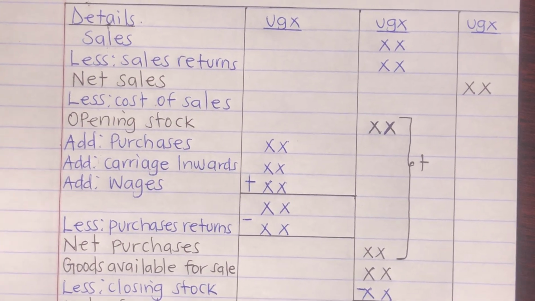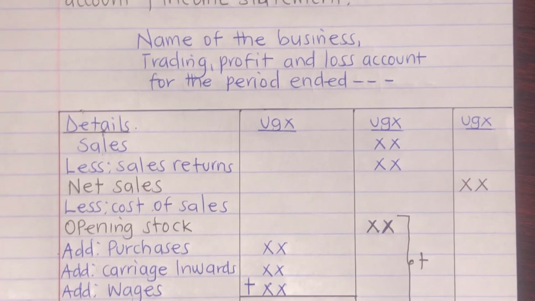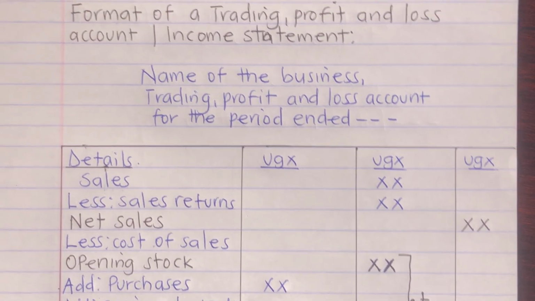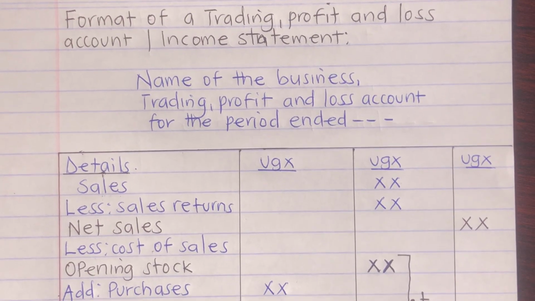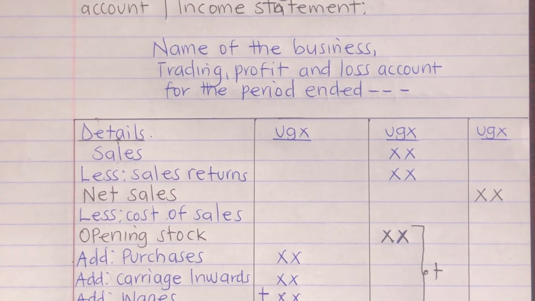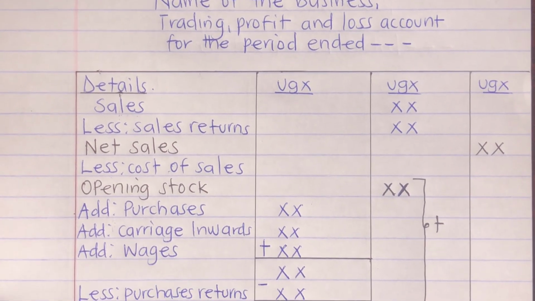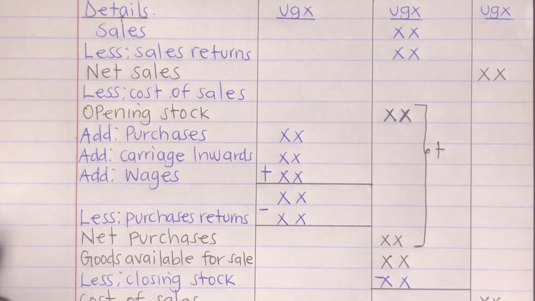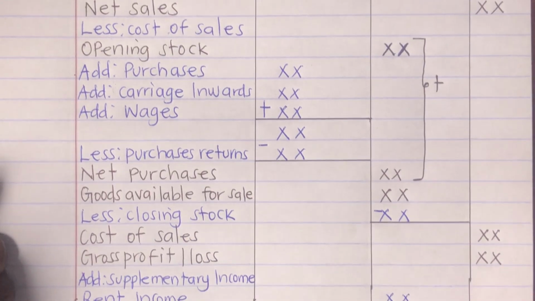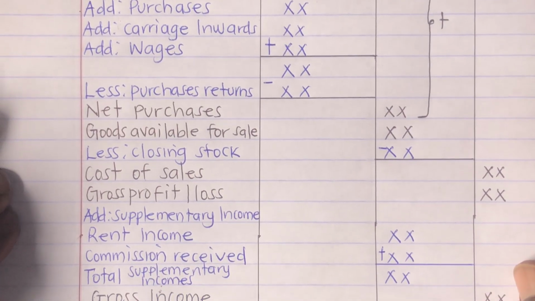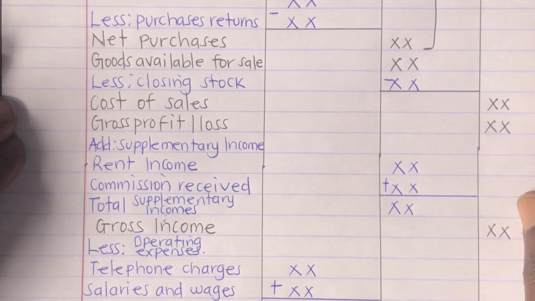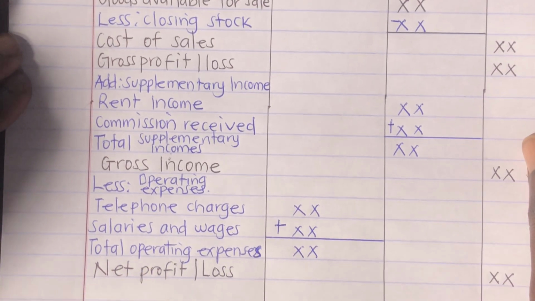Remember, here we are finding the gross profit of the business. That is the format of preparing a trading profit and loss account. It is also called an income statement. Our aim here is getting the net profit or net loss of the business.